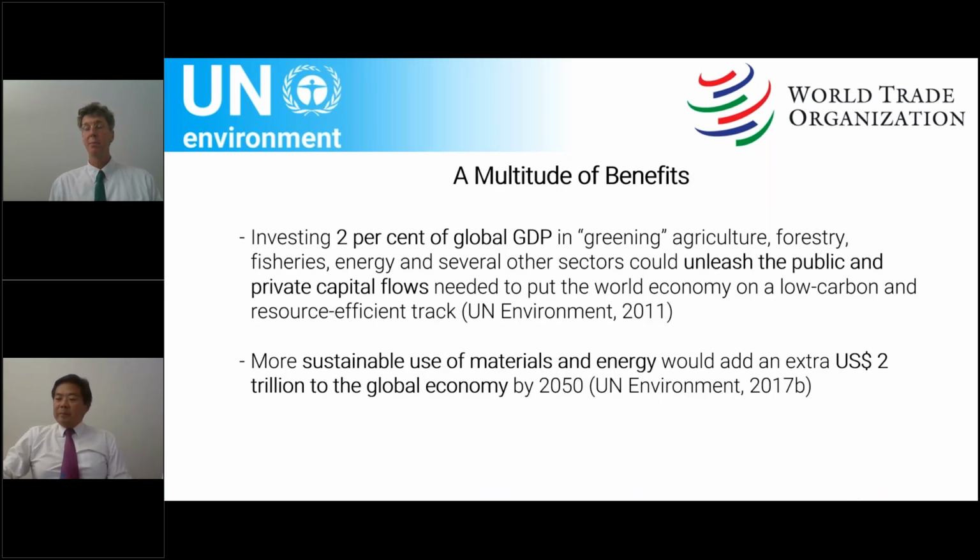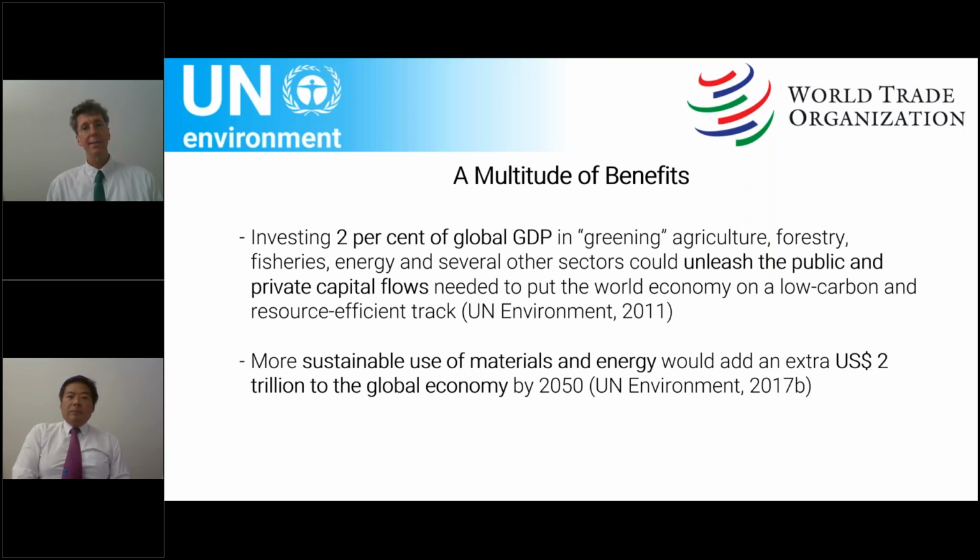We like to see things from an upside at UN Environment, and I think that helps us also to reach out in a way that's constructive. So some of you may be familiar with our Green Economy report from 2011. And the basic premise was, well, what if you took 2% of global GDP, which is not a huge amount, if it's 80 trillion, we're talking about maybe 2 to 4 trillion a year, and shifted that into green investments.